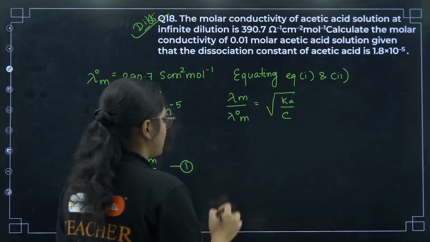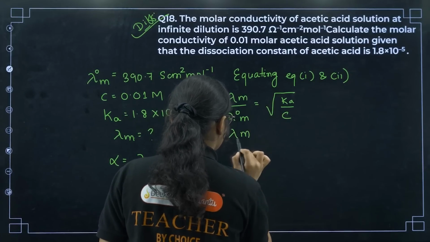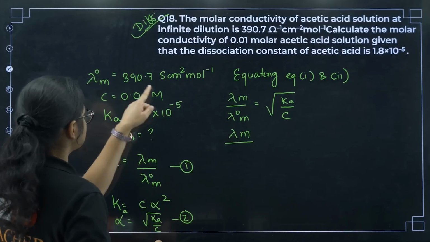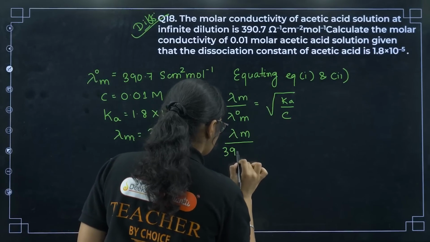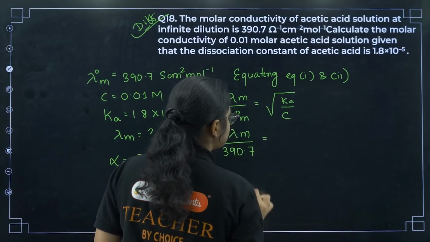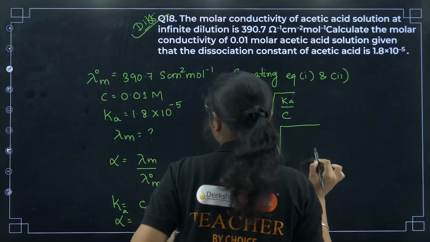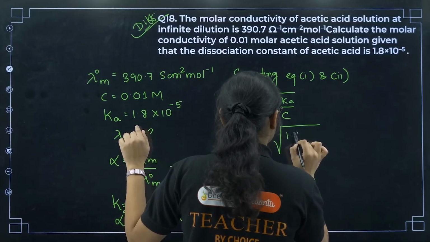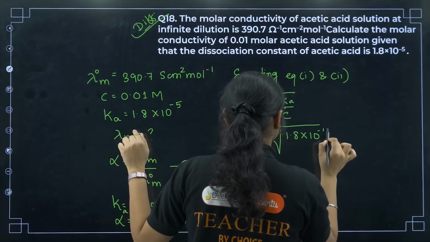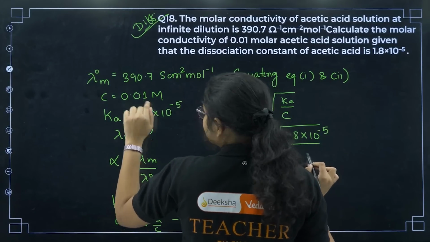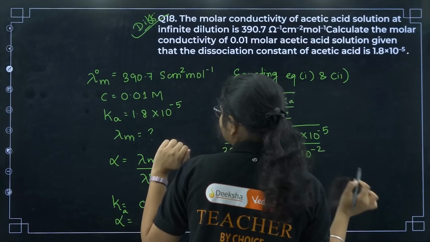Then I'll substitute the values here. Lambda naught m is 390.7, that is equal to root over of Ka, which is 1.8 into 10 to the power of minus 5, by C, which is 10 to the power of minus 2.